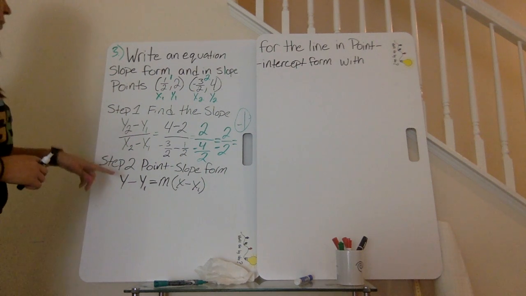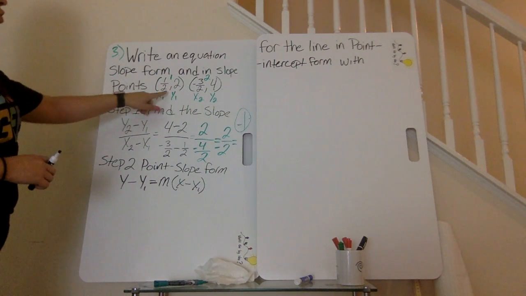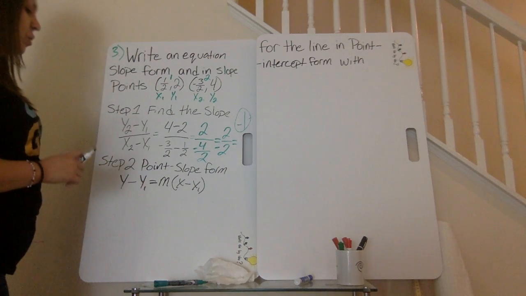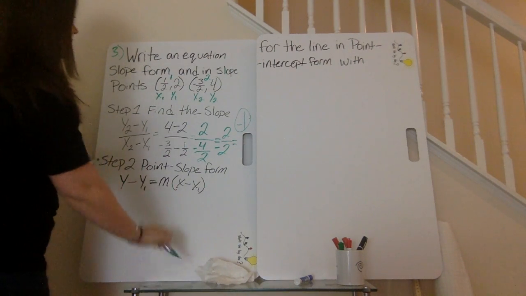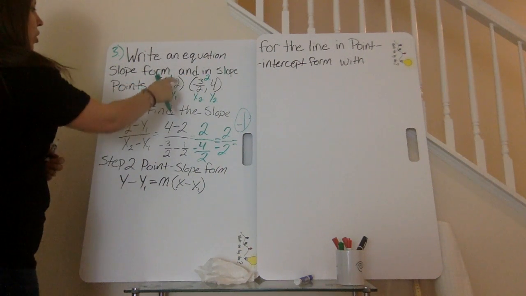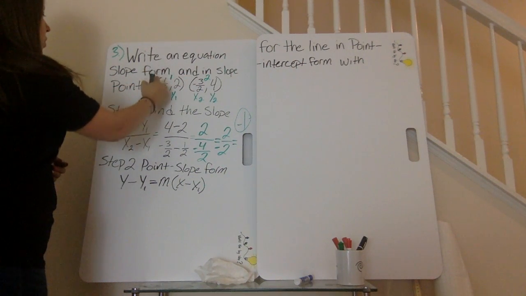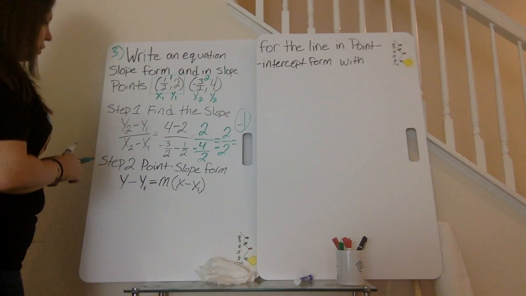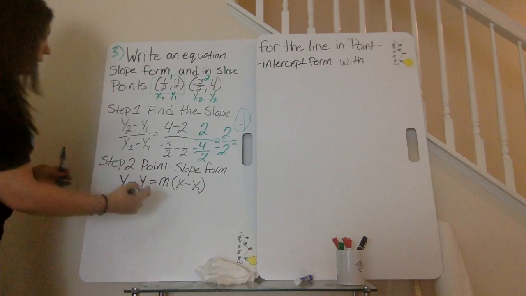So from here, we get to choose either point 1 or point 2 to plug into our point slope form. I personally think 3/2 is a little wonky, so I'm going to go with our smaller numbers. So I'm going to choose our 1/2 and 2 to be able to plug this in.